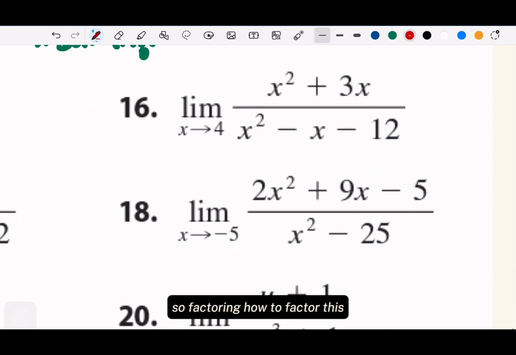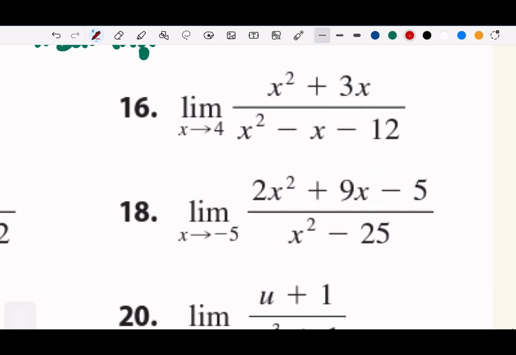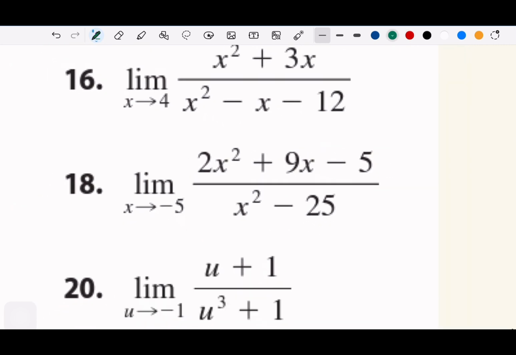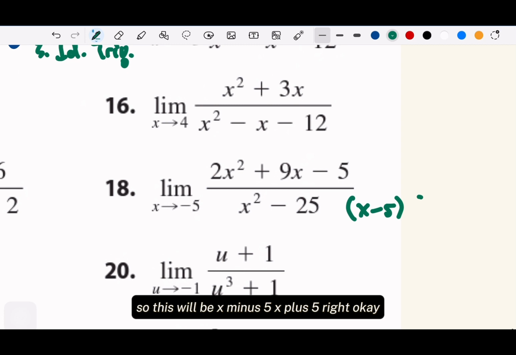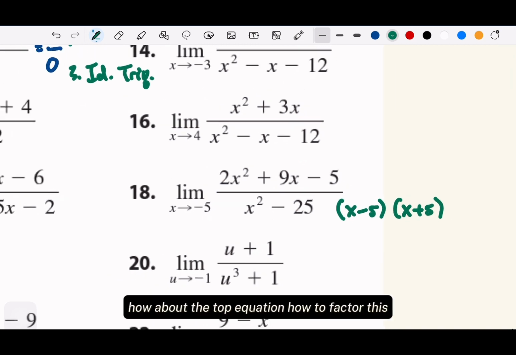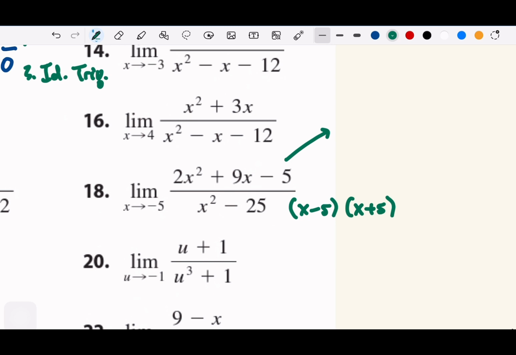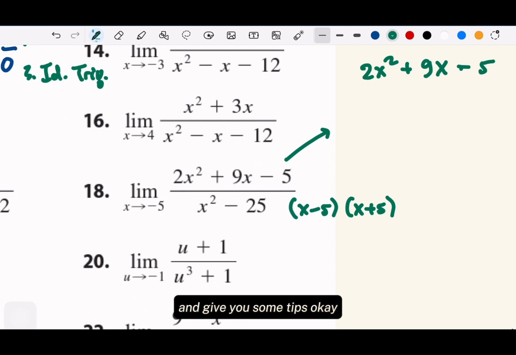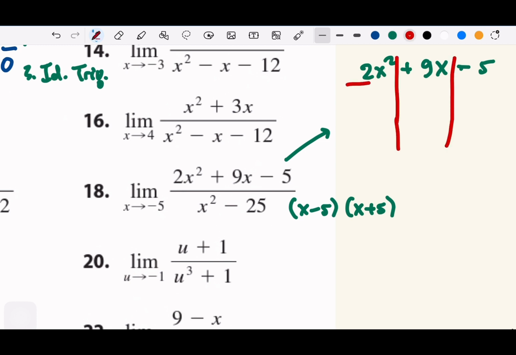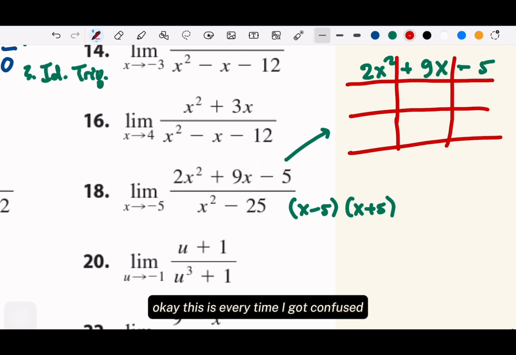So factoring, how to factor this? I think the bottom one is easy to factor, right? So this will be x minus 5, x plus 5, right? Okay. How about the top equation? How to factor this? So let me write here and give you some tips, okay? Every time I get confused and I want to make sure I'm correct, I make a small table like this. So you can fill the table.